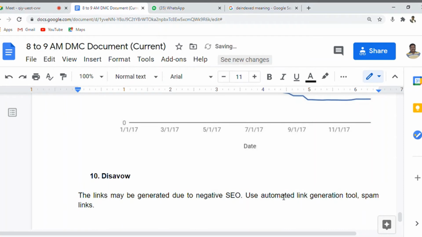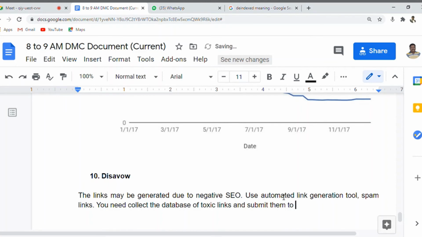Now, what happens automatically? Disavow is a technique that is used by search engines, where you need to collect a database of links, a database of toxic links. Toxic means links that are not healthy.